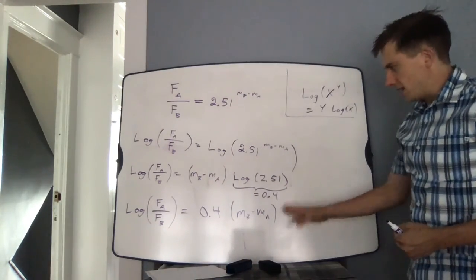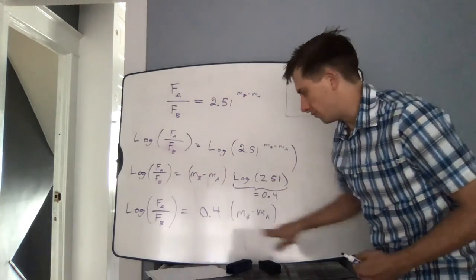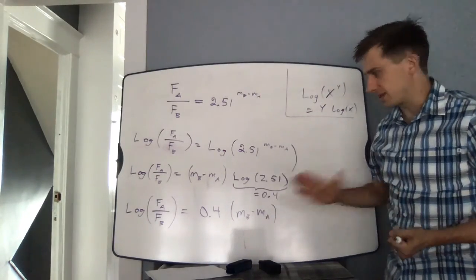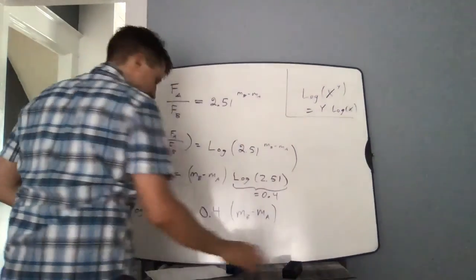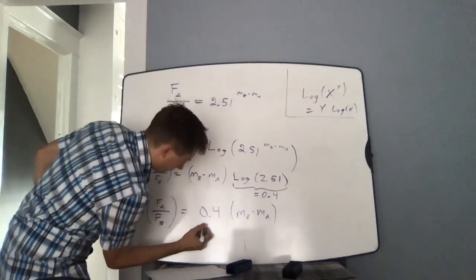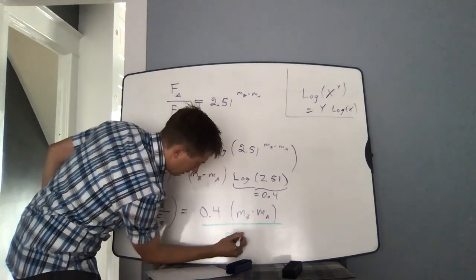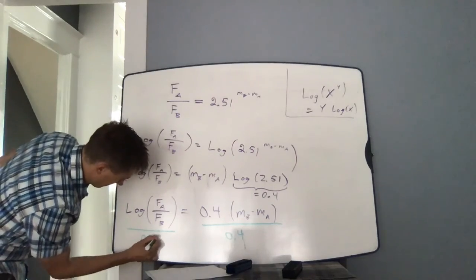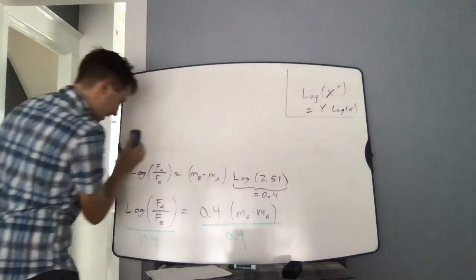What I'm going to do next is divide by 0.4 on the right side and on the left side, because again, whenever I do something to one side, I have to do it to the other side. So I take both sides of this equation and divide by 0.4.